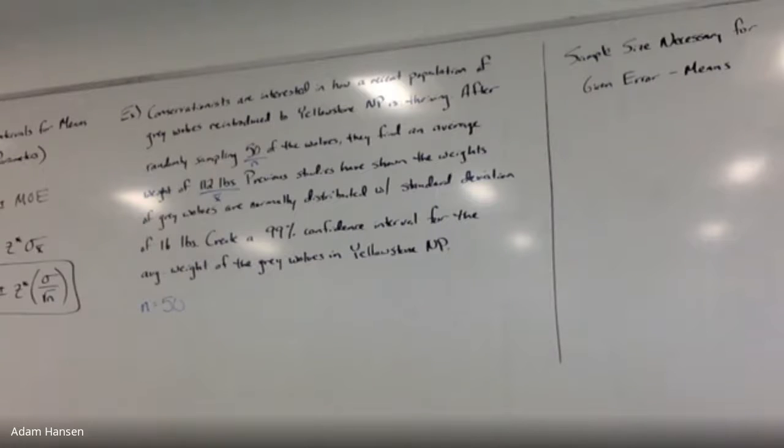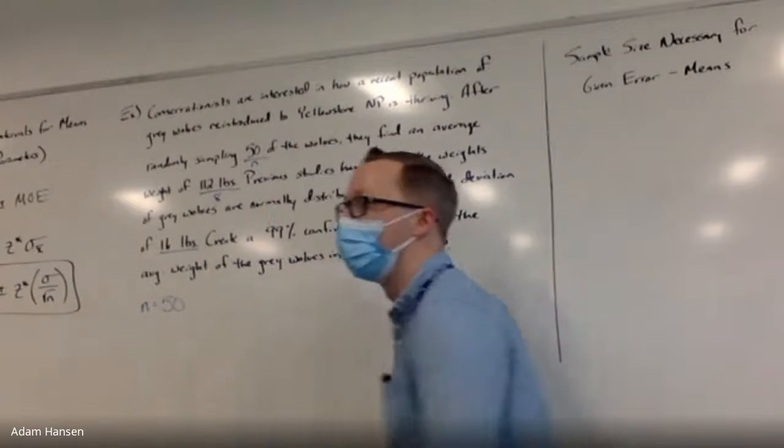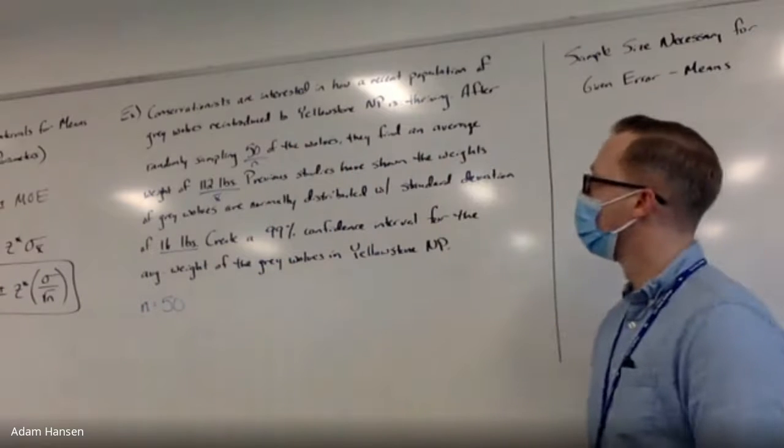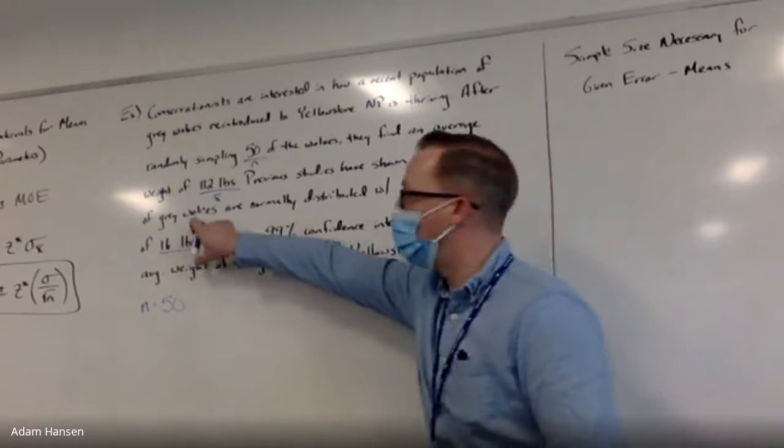Studies have shown that weights of gray wolves are normally distributed with a standard deviation of 16 pounds. Is that the sample standard deviation or the population standard deviation? Does that refer to the standard deviation of some of the wolves or all the wolves? Right, not some of the gray wolves, all the gray wolves.